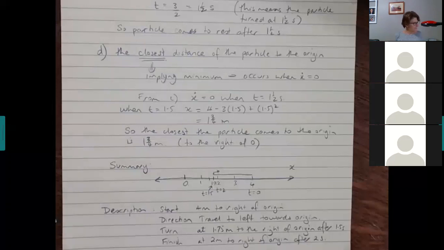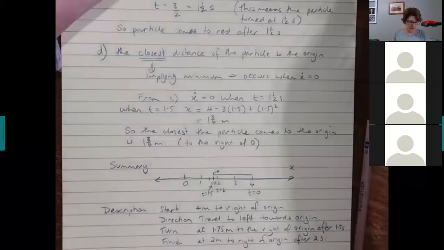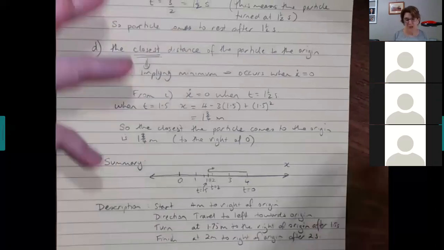Miss, I'm still a bit confused on the difference between velocity and acceleration. Because I know displacement is the distance from the origin, and then the other two I'm just a bit... Yeah, so velocity, think about how fast you're going.